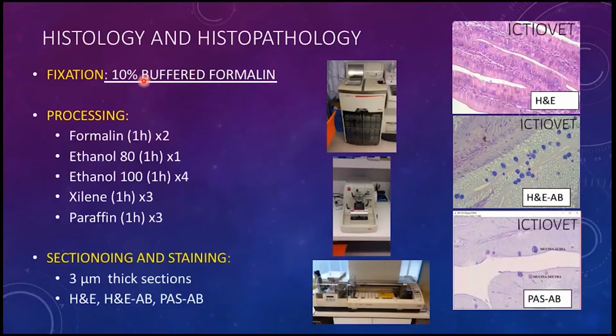That would be the most common fixative, and it's important to do it fast. So basically, as soon as the fish is euthanized, it's important to perform necropsy and take the samples that want to be analyzed through histopathology.